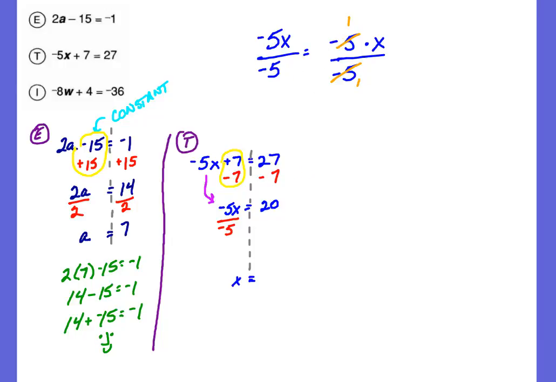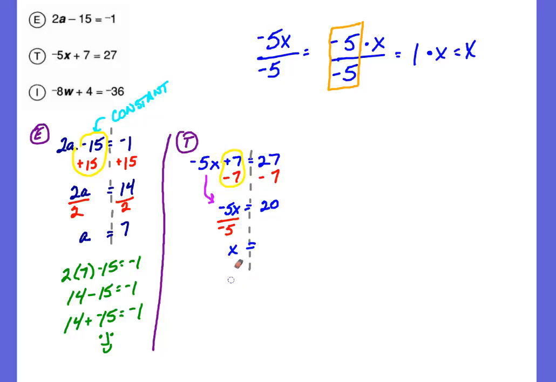You can think about it that way to get 1, or you can say that's like having the fraction negative 5 over negative 5 times x, which is the same as saying I've got 1 times x, which is x. So that's why this leaves me x. When I do negative 5x divided by negative 5, I get to my goal of x equals.